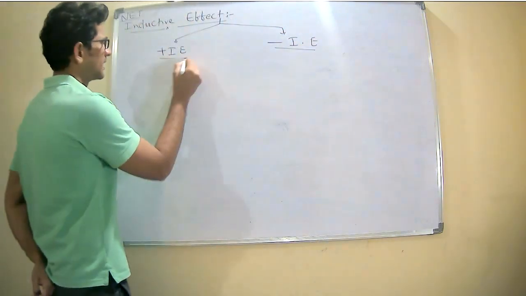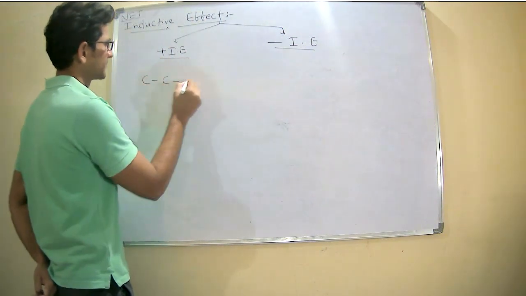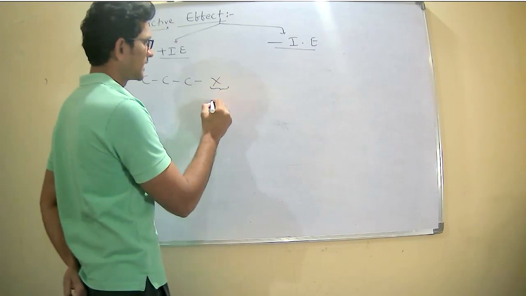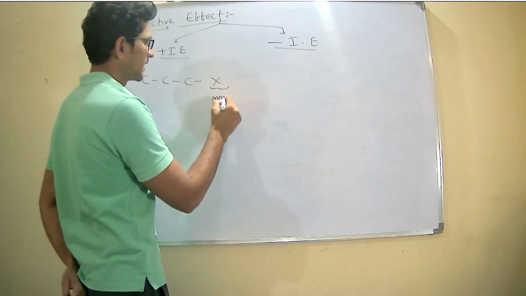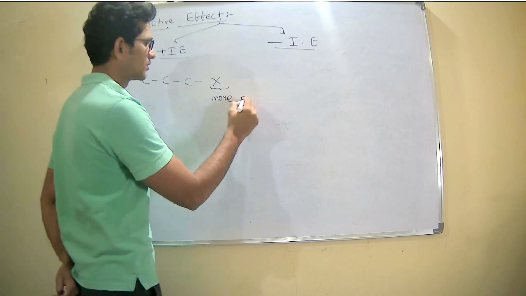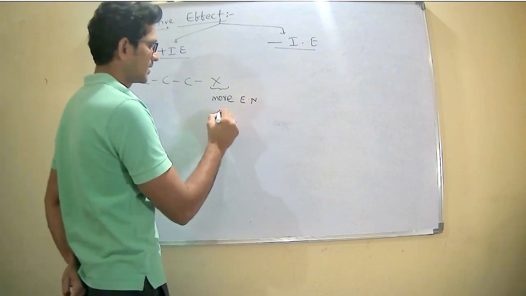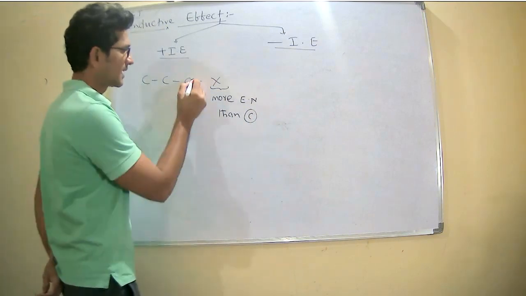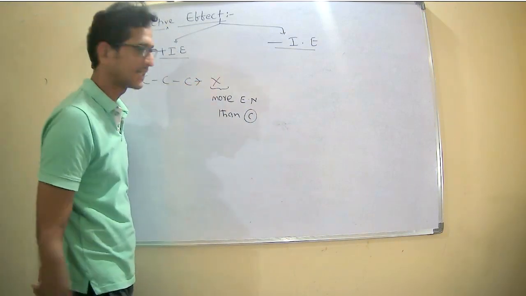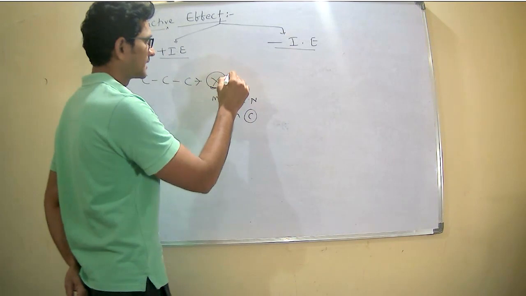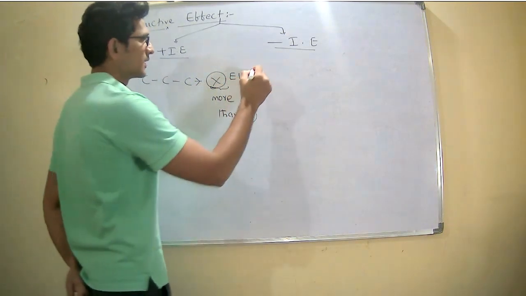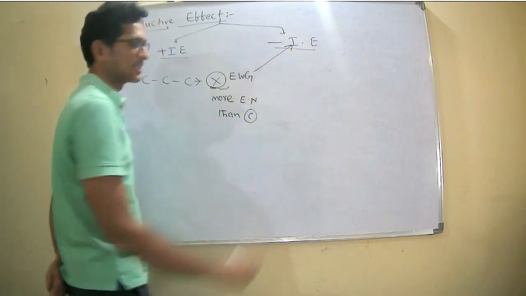For example, if X is more electronegative than carbon, then electrons are transferred to this side. Then this is an electron withdrawing group, nothing but the minus inductive effect.